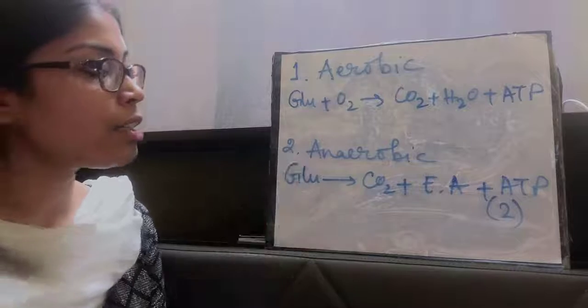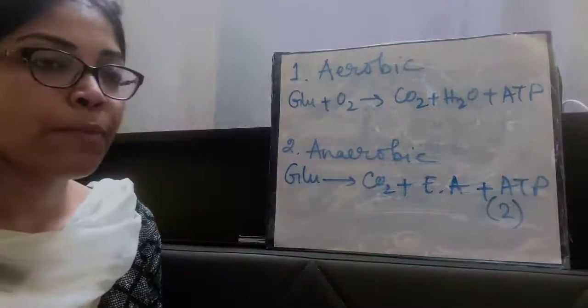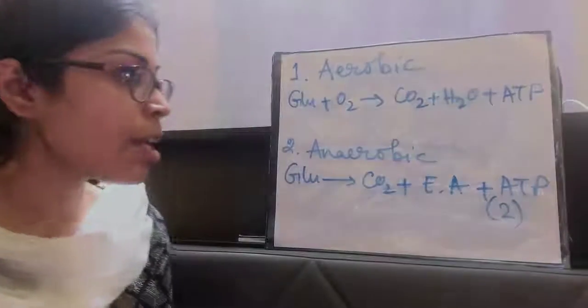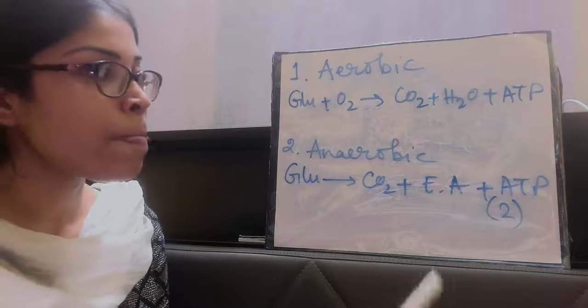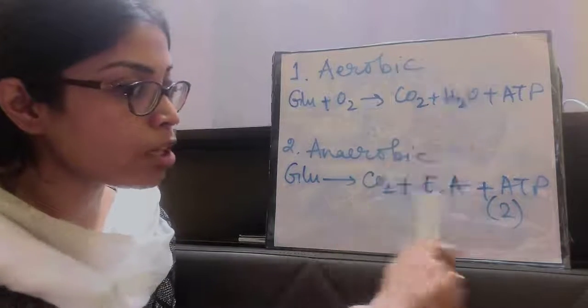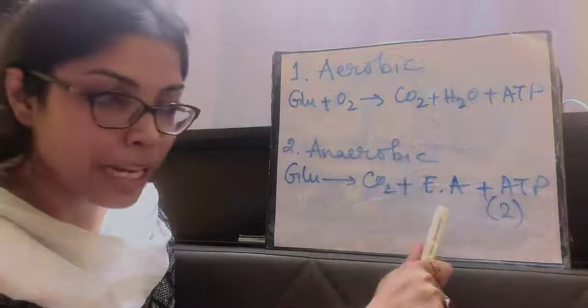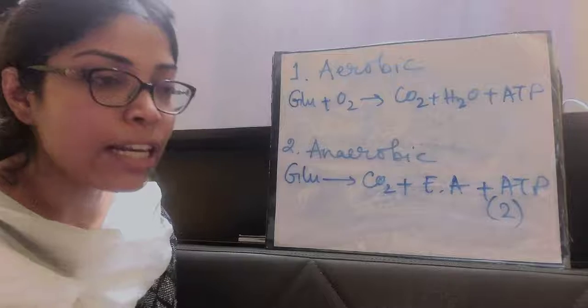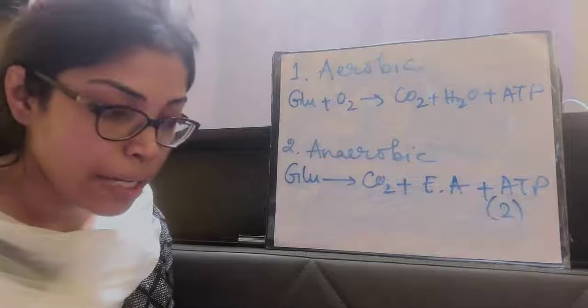The other type, anaerobic respiration, takes place in absence of oxygen, and here glucose is not completely oxidized and H2O is not produced. Instead, the products are carbon dioxide, ethyl alcohol, and a very small amount of energy, which is 2 molecules of ATP.